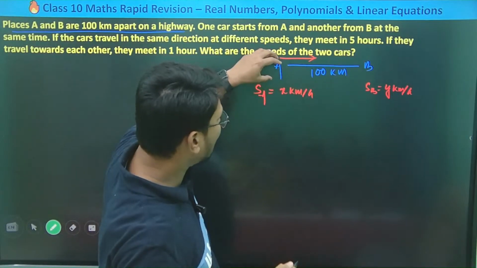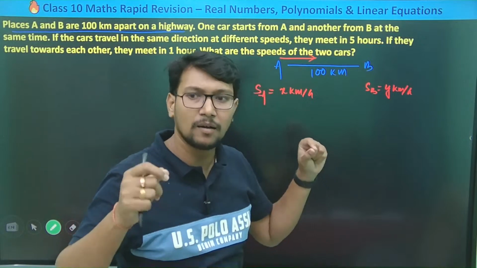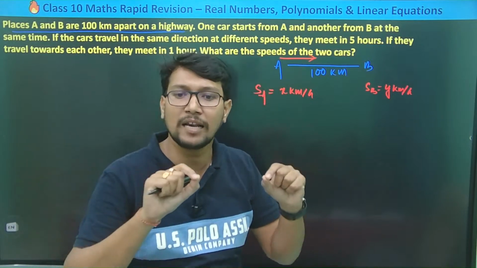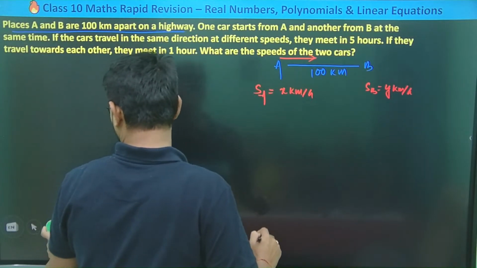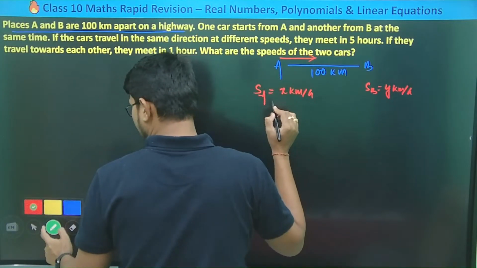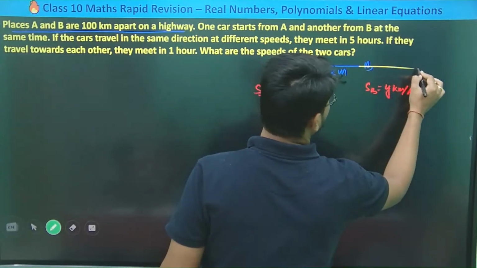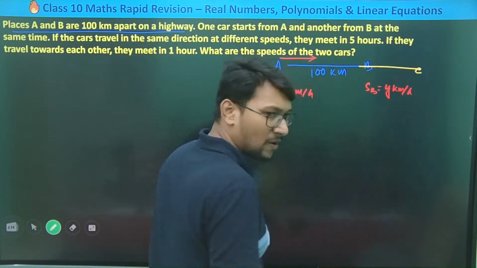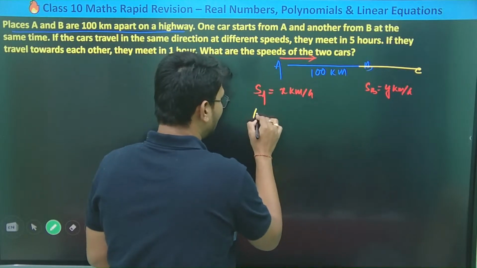That means the car started from A traveled 5 hours and reached point C after 5 hours.